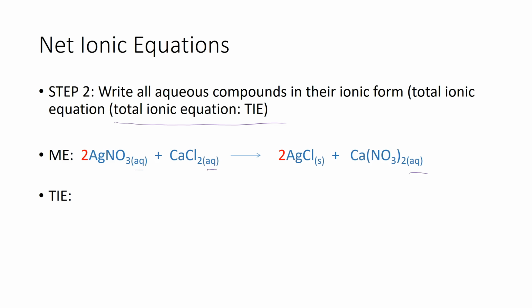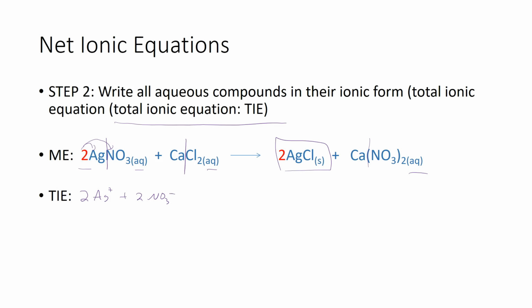In this case, I'm going to split the silver from the nitrate, the calcium from the chloride. This is solid, so it stays as it is. And then I'm going to split the calcium and the nitrate. So watch what I do here. We know silver is a +1. So my total ionic equation looks like this: 2Ag+, and that 2, remember, is distributed to both parts of that compound, 2NO3-. So when I split these up, I have to distribute that 2 out accordingly.